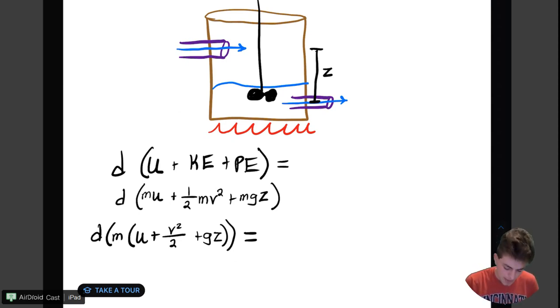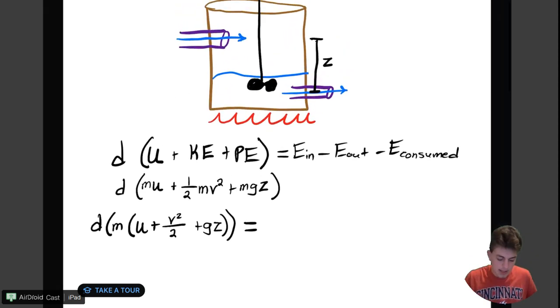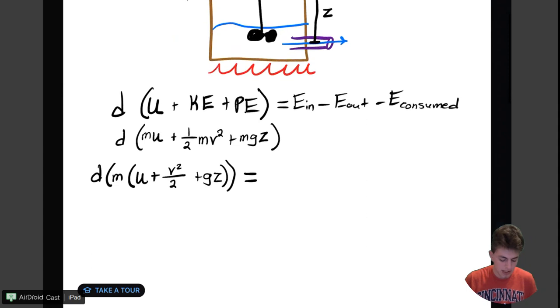So I'm going to say the energy in minus the energy out minus the energy that is consumed within this system here. Now, the energy in, as you may be aware, is going to be completely reliant upon this tube here and how much fluid we are inputting into the system there. So that energy in, we can rewrite on this right side of the equation here.